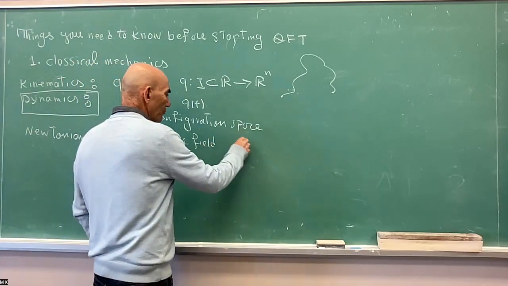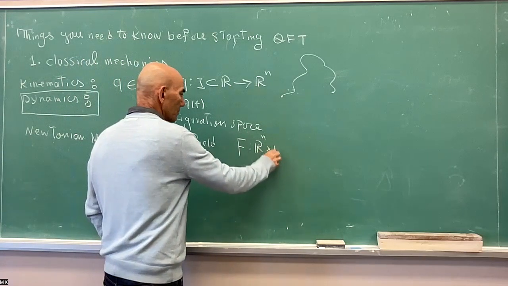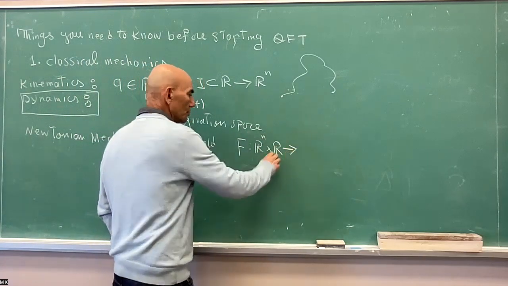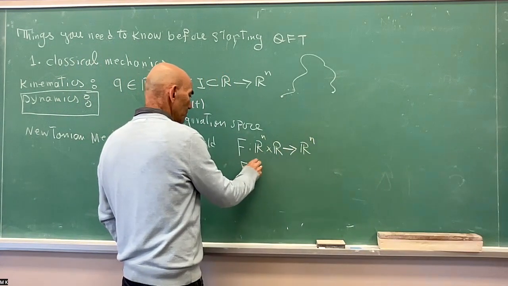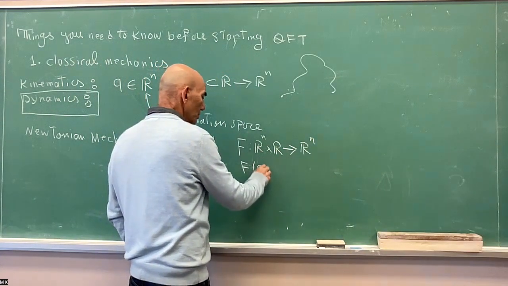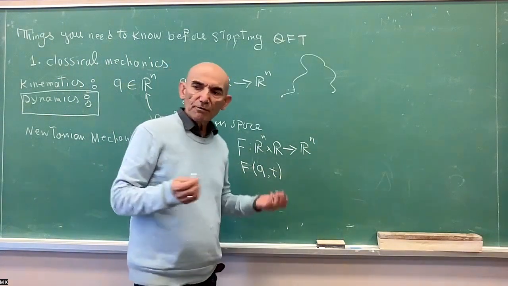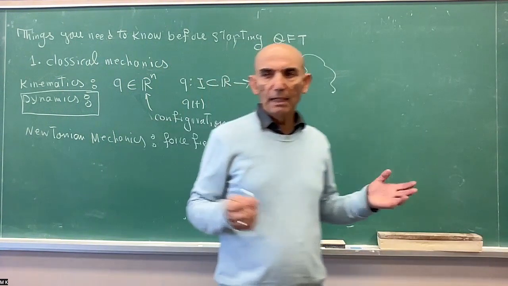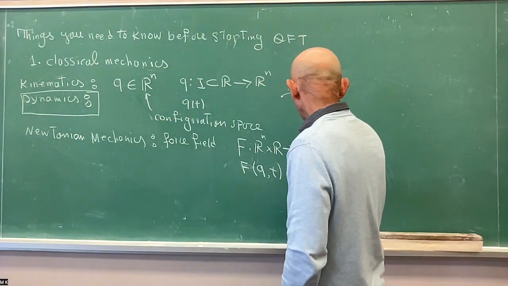You can think of force field f as a function from Rn plus R to Rn at first. We denote it by f of q and t. So this is a vector field that's defined on Rn, and is a time-dependent vector field in general.